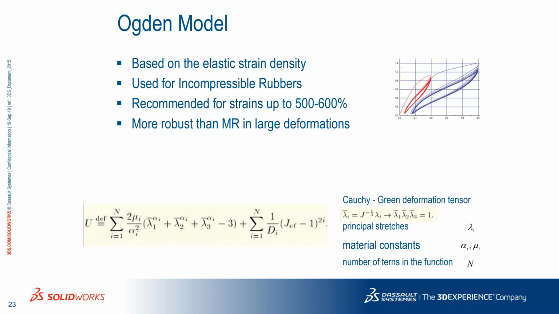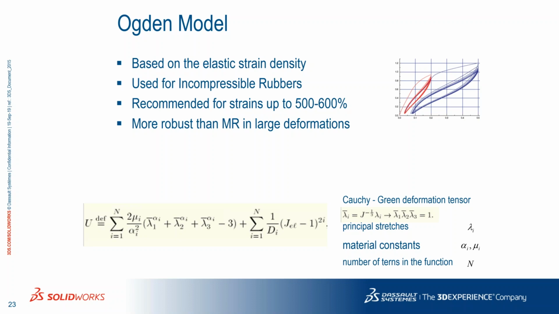Also, I've talked about the Ogden model. It's another way to represent a rubber as a hyperelastic material. It's based on a similar approach on the elastic strain energy, but here we are referring to alpha 1, 2, and 3 that are the deformation tensor of Cauchy-Green. So here, instead of CEJ, you have to calculate mu-1 and alpha-1, mu-E and alpha-E.